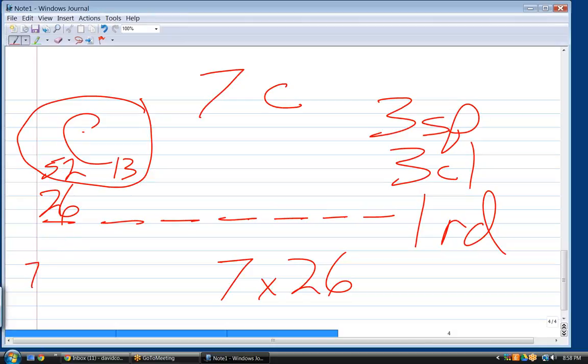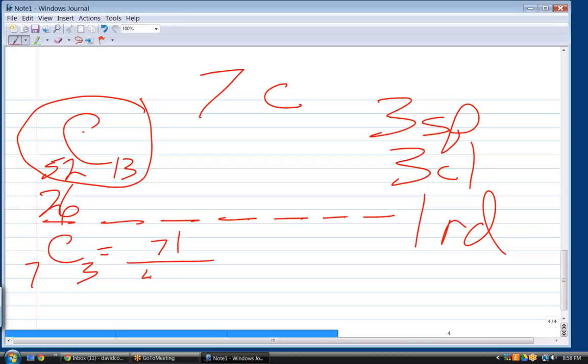So 7 choose 3 is 7 factorial over 4 factorial times 3 factorial, which is 7 times 6 times 5 over 3 times 2.